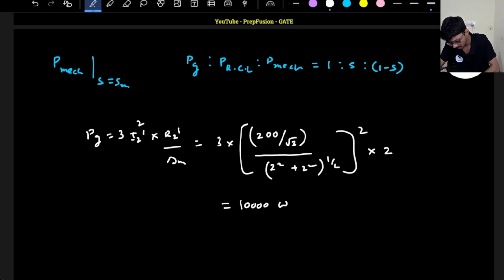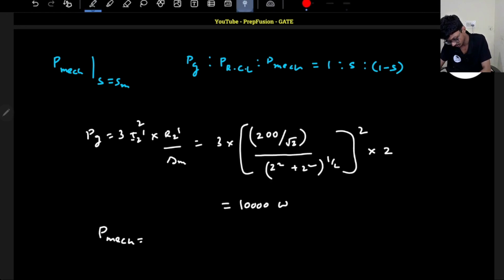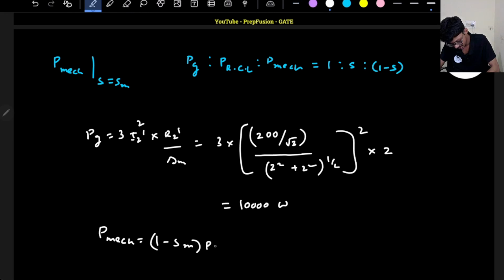Mechanical output power will be what? If I take the ratio of these two things, it will be 1 minus sm into Pg, which is 1 minus sm is 0.1115 into Pg, that is 10 kilowatts.